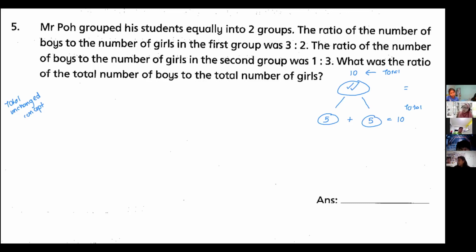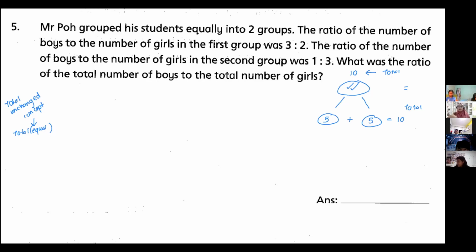So for this question, total unchanged concept refers to the total is equal. Whatever happens to the students, they still remain the same because there is no change that happens in the group.